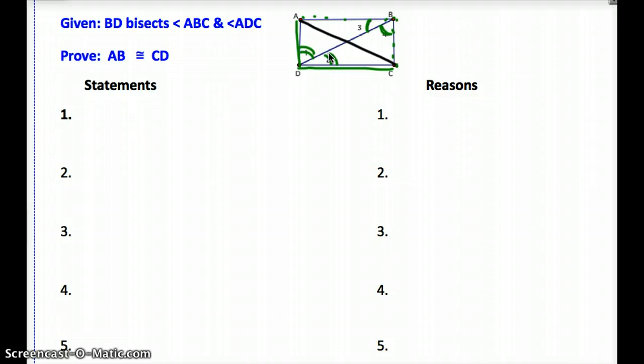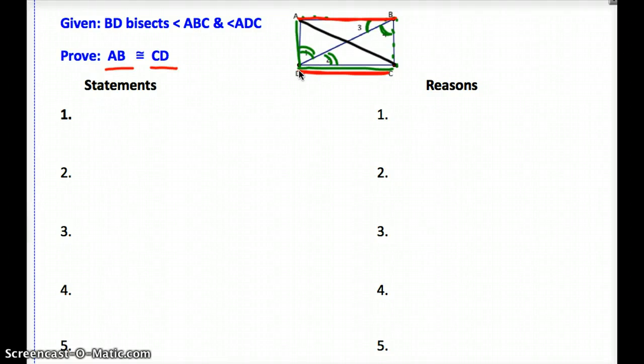Now I need to decide what triangles I'm going to use. Do you see here, people? You have the triangle on the left, the triangle on the right, the triangle on the top, the triangle on the bottom, and then you've got overlapping triangles. So I need to figure out which triangles I'm going to use. I'm going to look at my proof here. Here's side AB, and here's side DC.